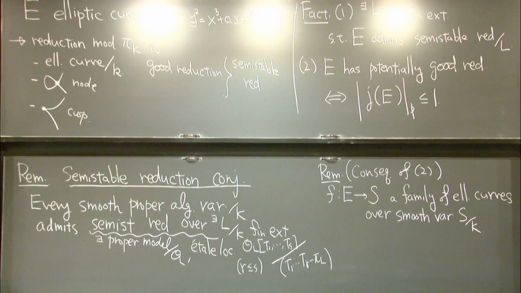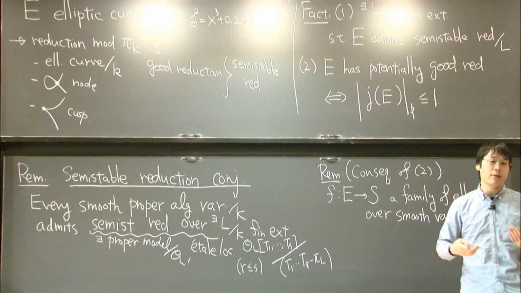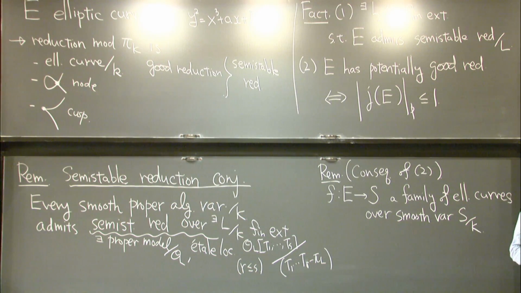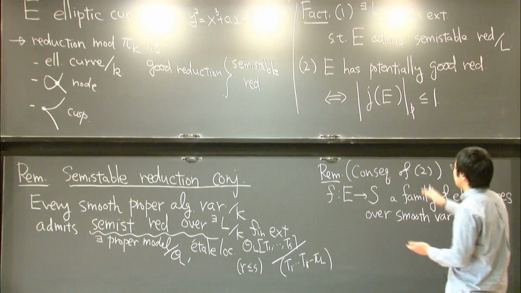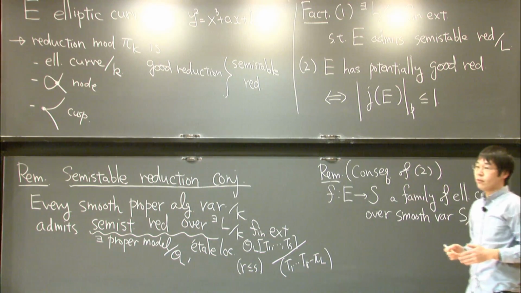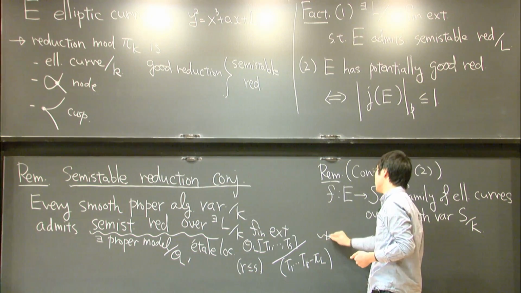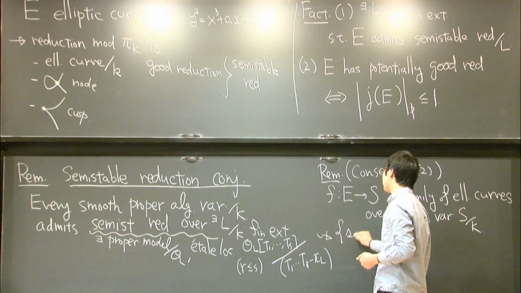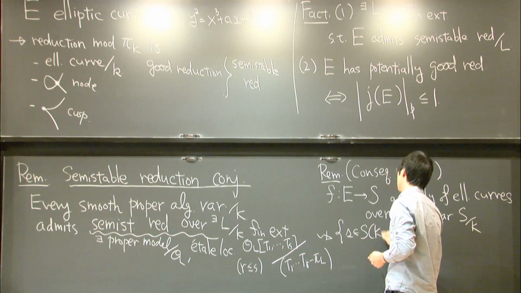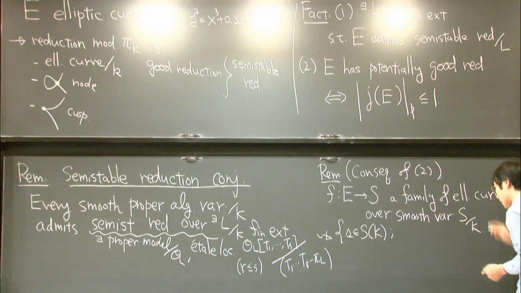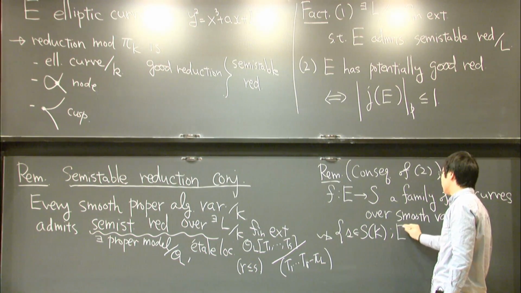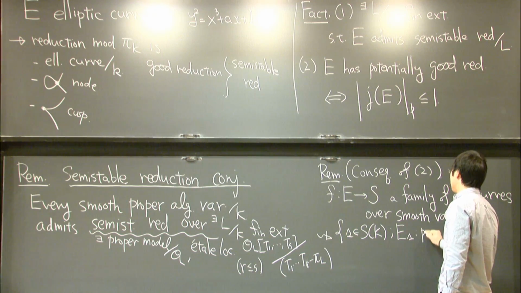And you consider the K-valued points, and you want to consider the collection of K-valued points for which the fiber has potentially good reduction. Then that can be captured by the condition that the p-adic valuation of the j-invariant is bounded by 1.